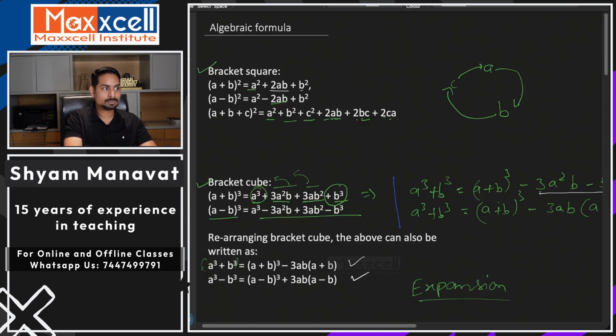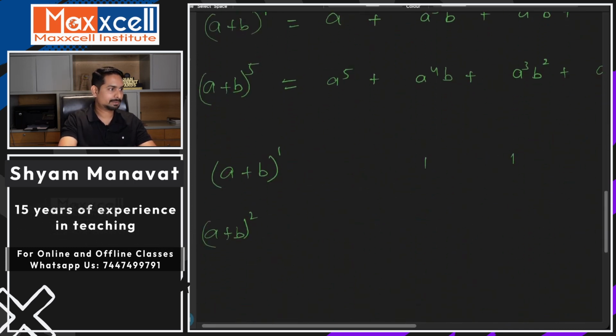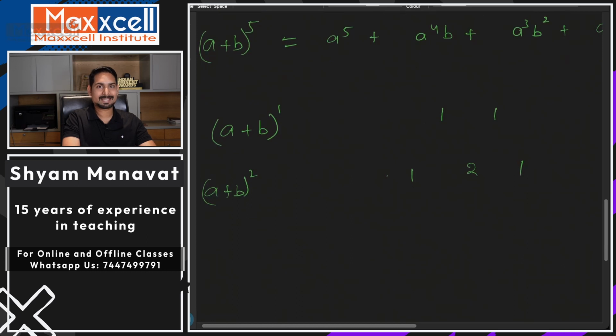For ab you got 2 and for b square you got 1, right? Let me write it here. 1, 2, 1, and then you will see it will become a beautiful triangle, the pyramid shape.